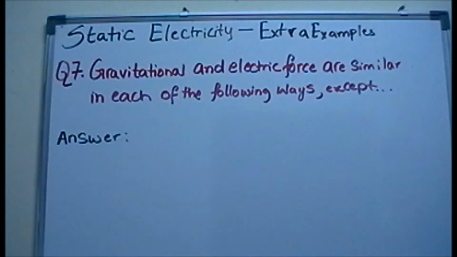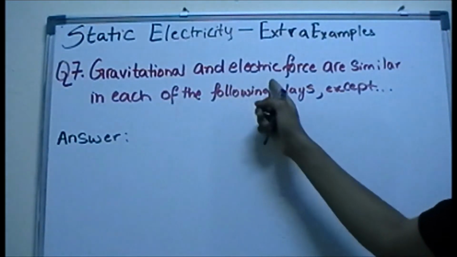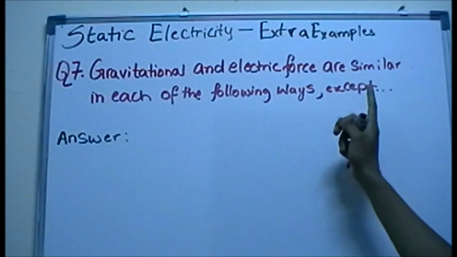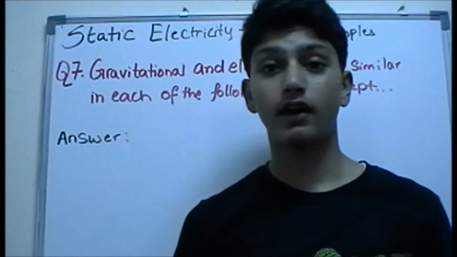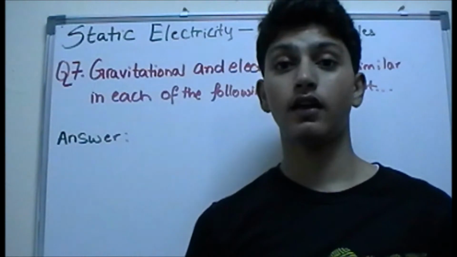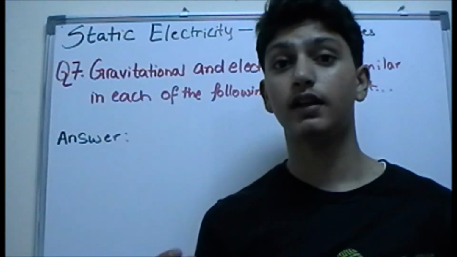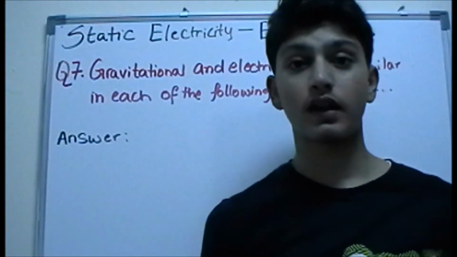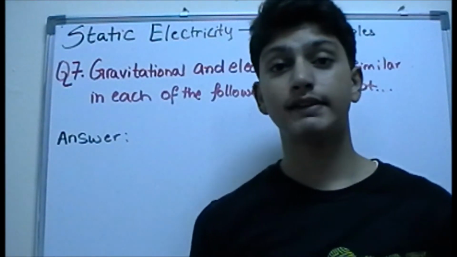Now the seventh question is up on the screen, and it says that gravitational and electric force are similar in each of the following ways, except. Recall that the equation we just did is similar to the one we did in fundamental physics for gravitational force, which was discovered by Isaac Newton.